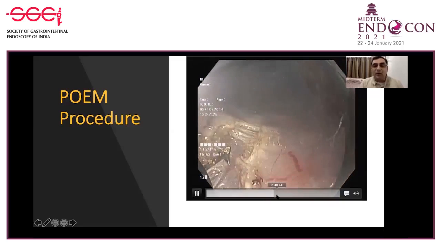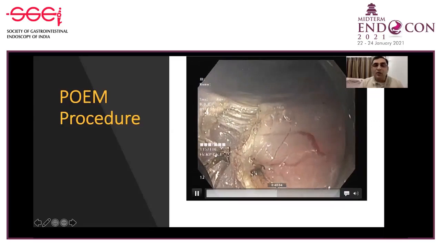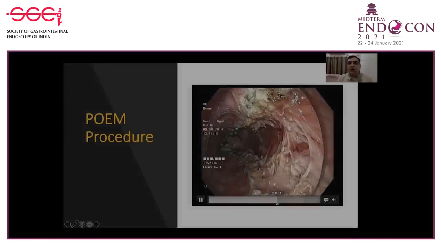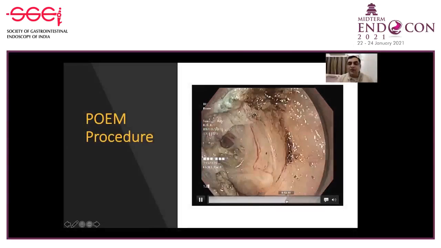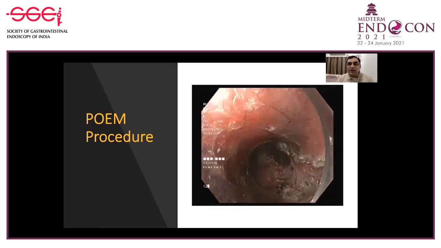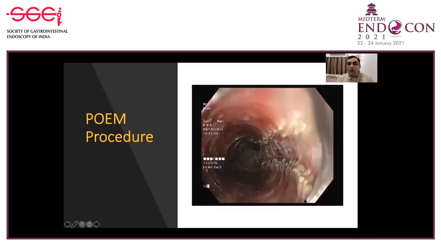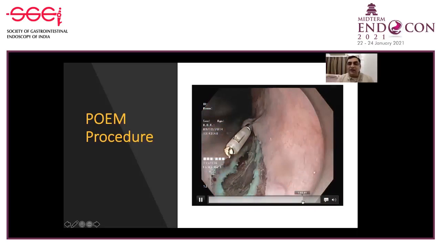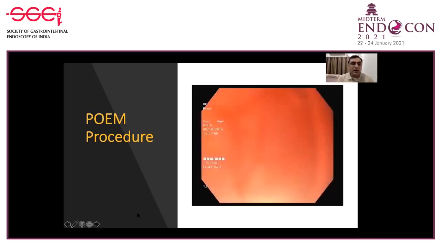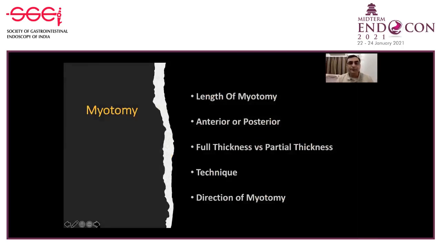The myotomy can be a circular myotomy, as you are seeing here, or a full thickness myotomy. Once it is complete, assess the depth and completeness of the myotomy, check hemostasis, come out, and if the mucosa is intact, close the mucosal incision.